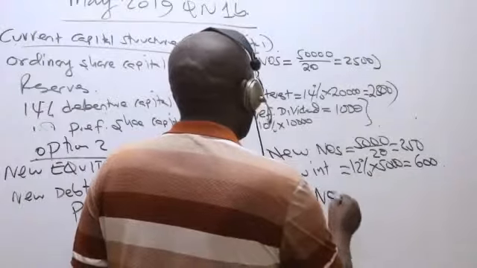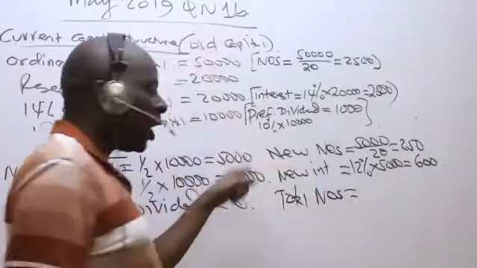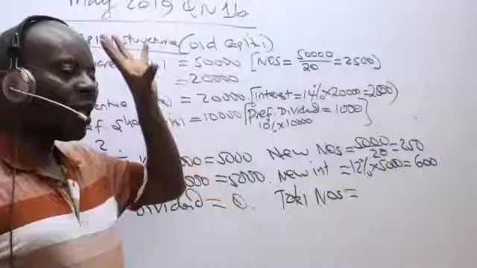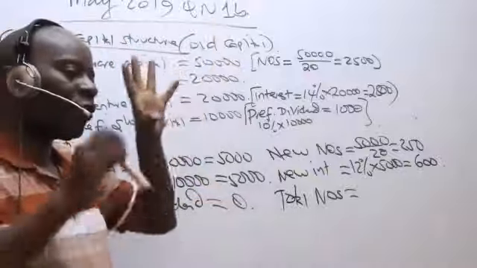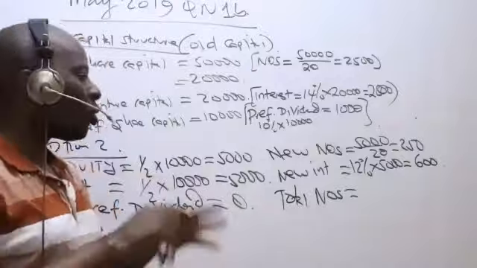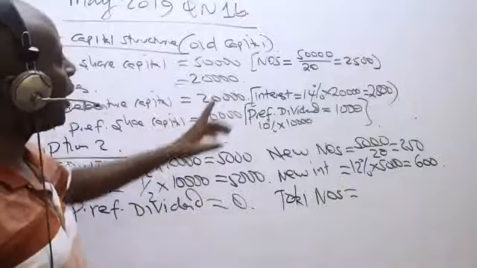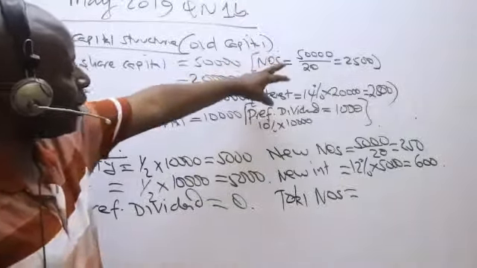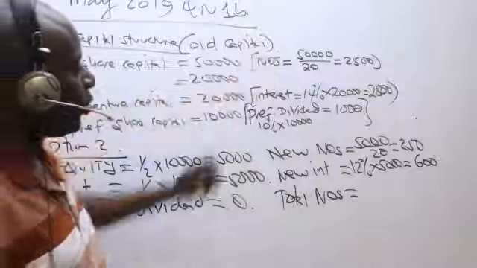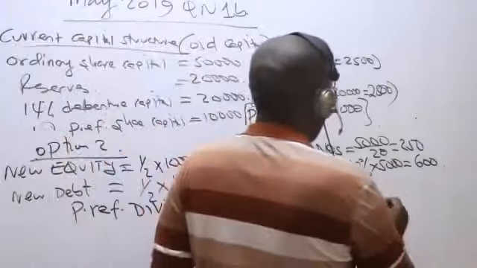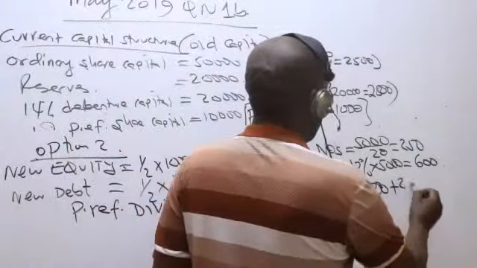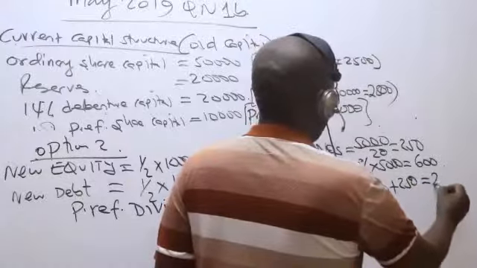Please don't mix option 1 values here. Here we are looking at the original versus option 2 values. So for the total number of ordinary shares, I will take the original number of ordinary shares, 2,500 plus 250, which gives me 2,750.